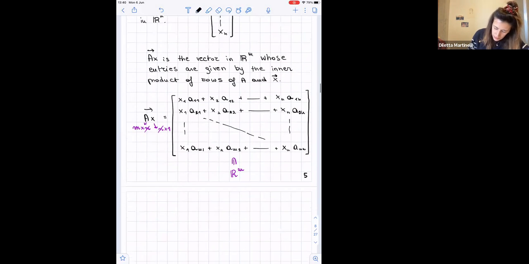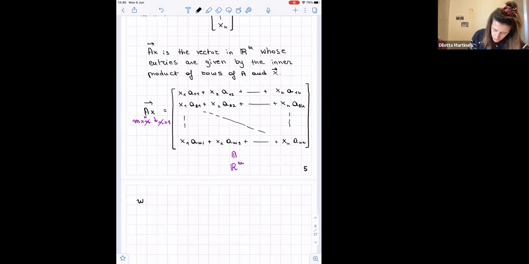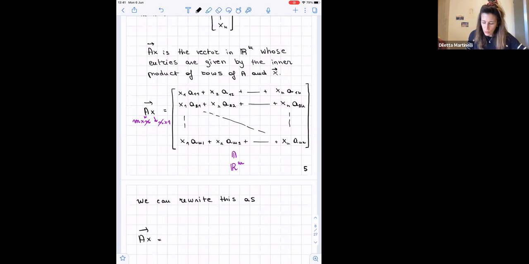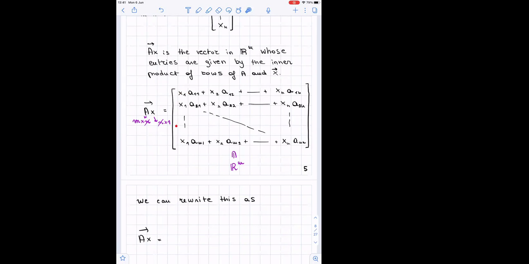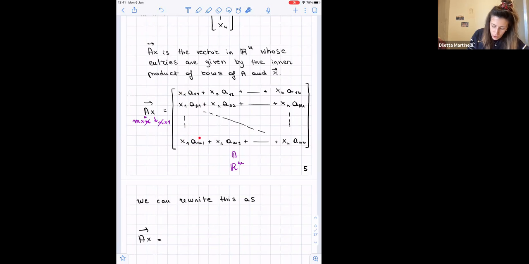Another way of rewriting this is as Ax, the vector. We see here that the first coefficient is always x1, and then what you have instead is the first column of A. Then we have always the coefficient x2 and the second column. So that's how we want to rewrite it.